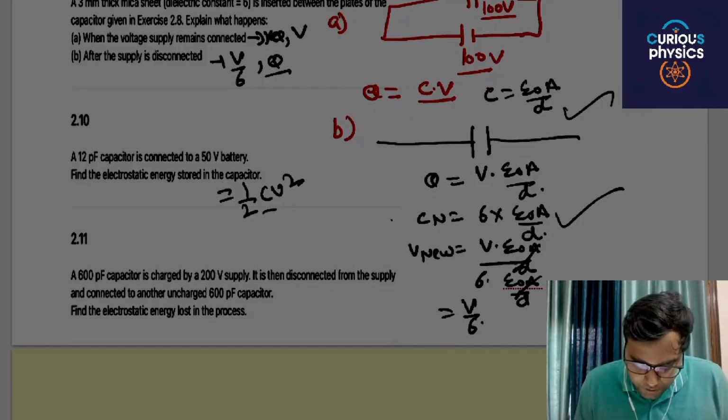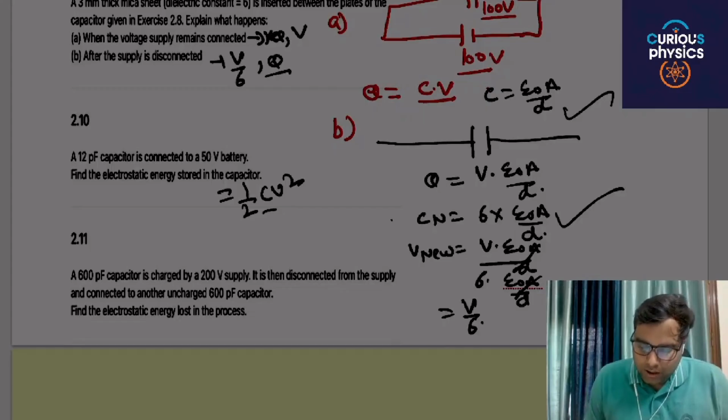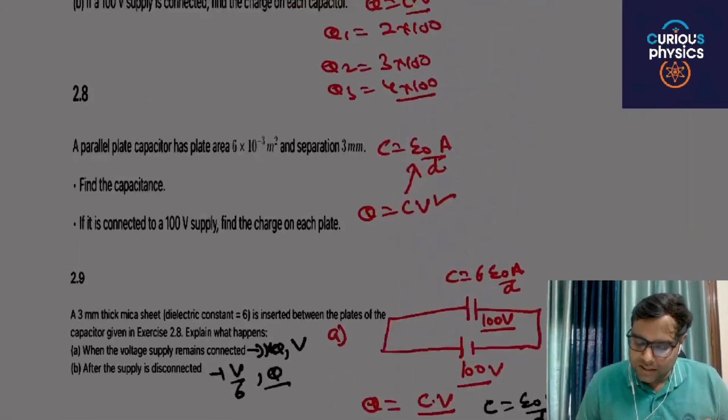A 600 picofarad capacitor is charged by a 200 volt supply. It is then disconnected from the supply and connected to another uncharged 600 picofarad capacitor. Find the electrostatic energy. This is the same question which we have discussed in the example.